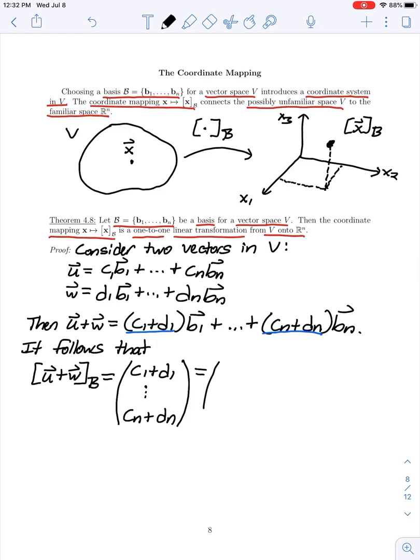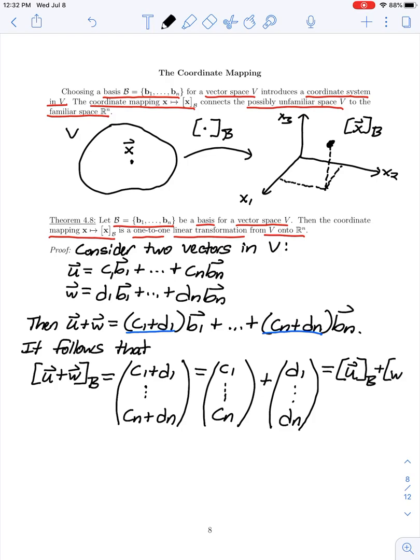But of course this vector can be decomposed as the vector c1 through cn plus d1 through dn, which is exactly the sum of the coordinate vectors of u and w relative to this basis B, because the weights for the vector u were c1 through cn, and the weights for w relative to our basis were d1 through dn.